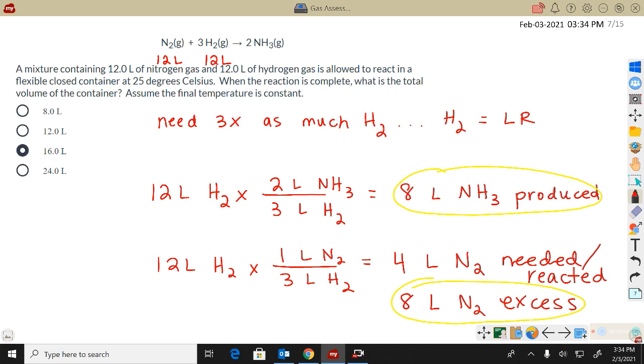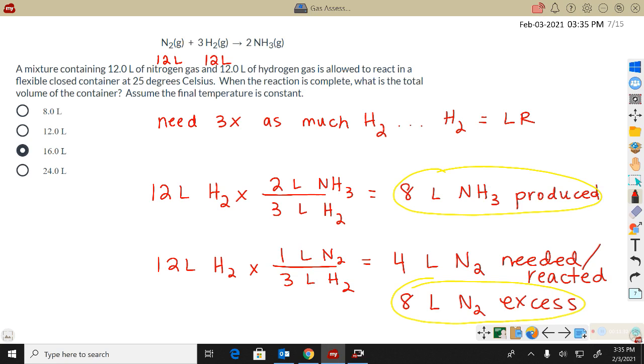So flexible container, meaning that it can expand. And they do say that the temperature is constant. All right, so then the volume is going to be dependent on the number of particles in the container, and I can use the mole ratios from the balanced equation. As long as our conditions are constant, and if the container can expand, then the pressure inside the container will also remain constant.